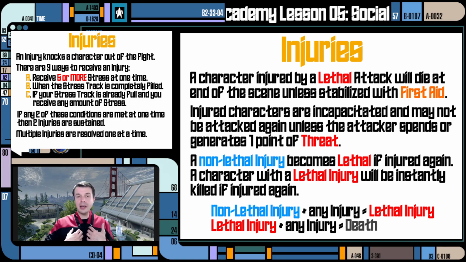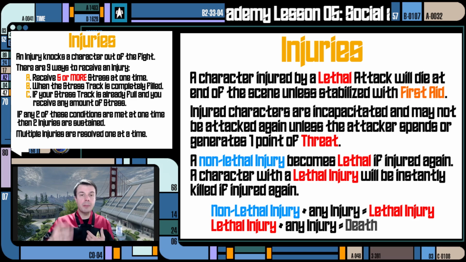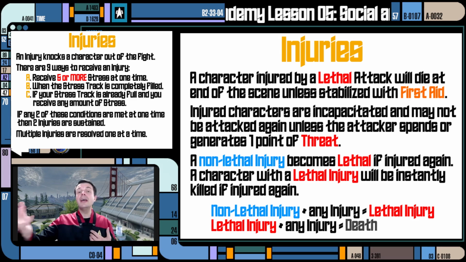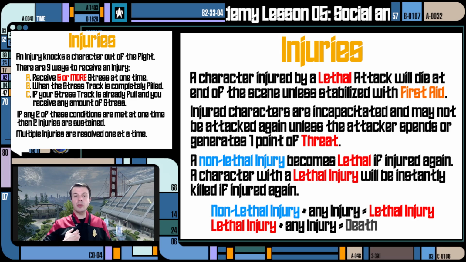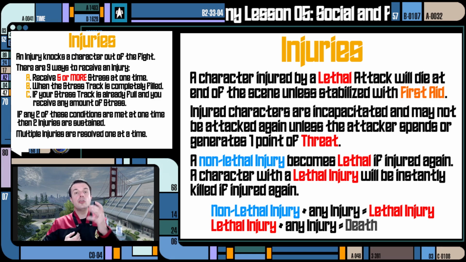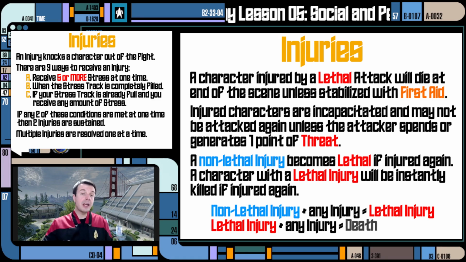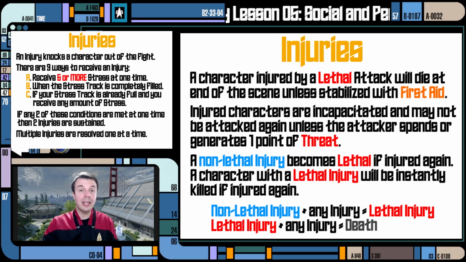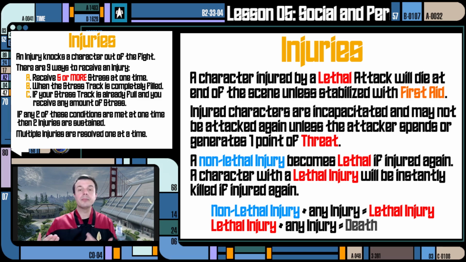So if I've already taken a non-lethal injury and I'm incapacitated, but something causes a second injury on me, that second injury changes my non-lethal injury to a lethal injury. That means my character will die at the end of the scene unless I am stabilized.